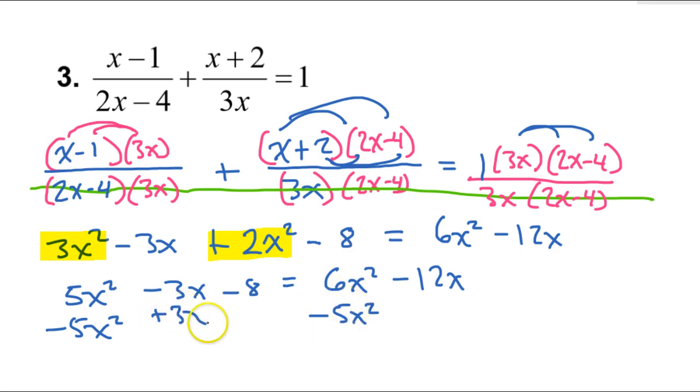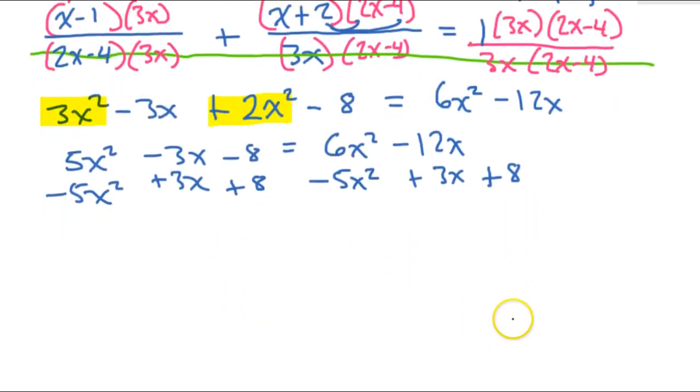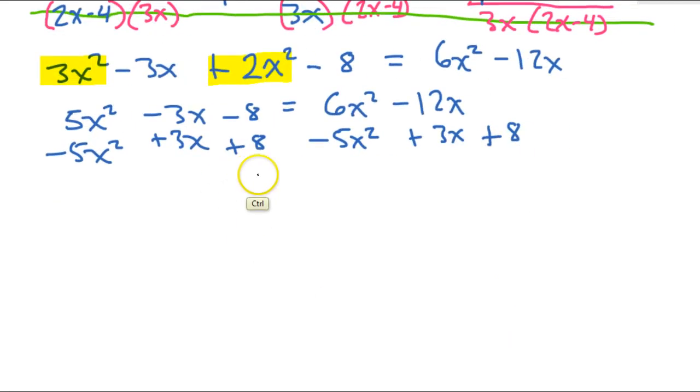So then I would add 3x to both sides, and I would add 8 to both sides. Okay, let's see what I get. So now I have 0 on one side of the equation, and then over here I have x squared minus 9x, okay, those make negative 9, plus 8.